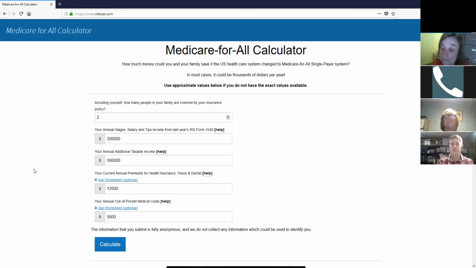This is what Medicare for All really means to people all across the country, using the numbers that they've actually put in themselves. So it becomes less of a theoretical, yes, everybody needs healthcare and healthcare is a human right, and all those regular talking points, and moves from that to an actual, this is what it's going to mean in dollars and cents.